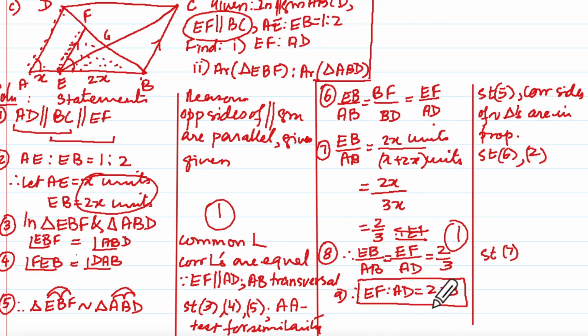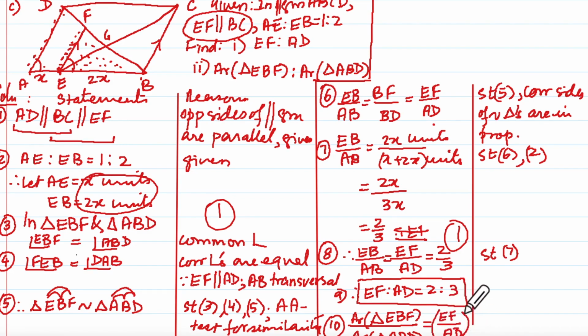Okay. Then we come to statement number 10. What are we going to say? Area of triangle EBF upon area of triangle ABD will be equal to, I will write, EF upon AD whole square.